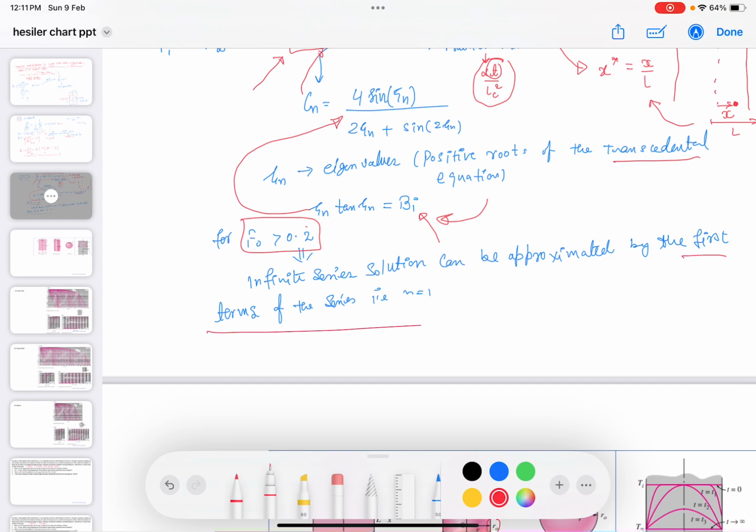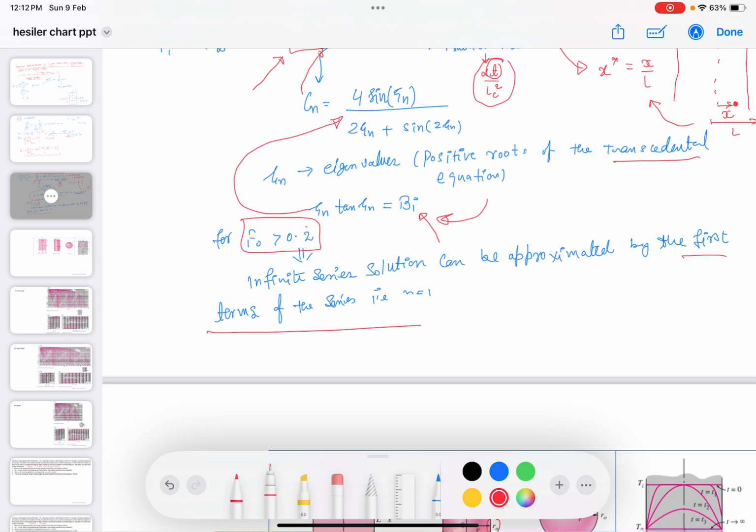Because all other terms decay away, only the first term remains. So that is what we call the first term or one term solution of the transient heat conduction equation. However, the solution is inconvenient and time consuming to evaluate, so we have to rely on tabular or graphical forms of this solution.